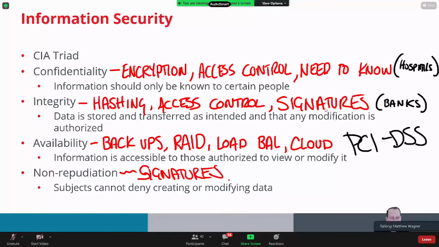There aren't a lot of laws that say we have to keep your bank account balance a secret. Almost all the laws are about making sure no one tampers with your bank account balance. That's integrity. Banks are heavily focused on integrity. Again, they care about confidentiality, but you put them next to each other, integrity every time.